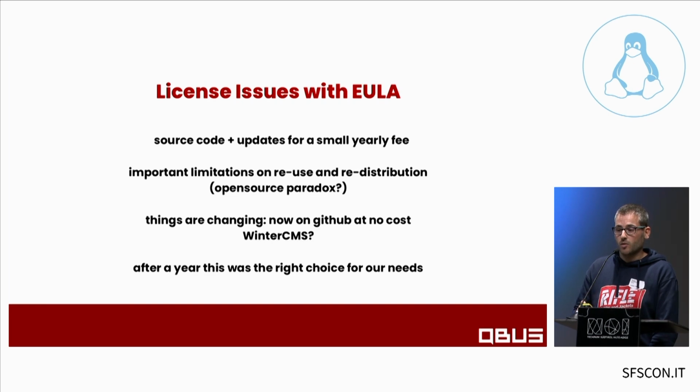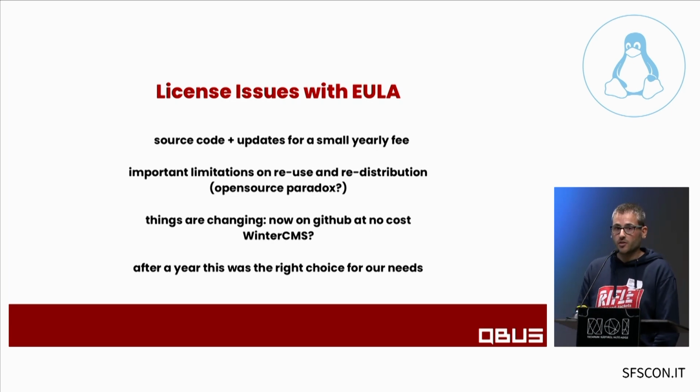But when we were developing the software, we encountered significant limitations regarding the reuse and the redistribution of the software. And we were scared to face the same lock-in issue with an open source software, which is a paradox. And so we contacted the company, since that wasn't really representing the philosophy of the open source world. We were glad to discover that they are changing things.